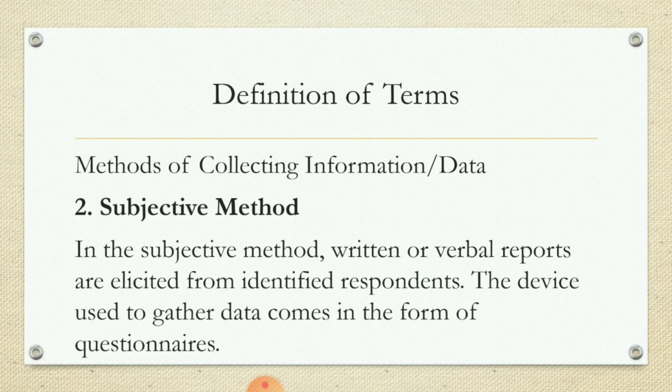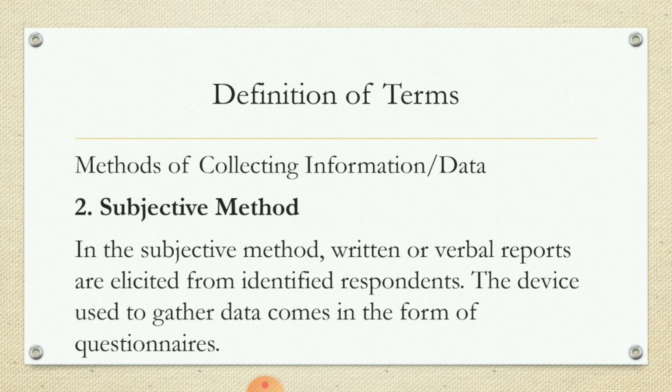Next, we have the subjective method. In the subjective method, written or verbal reports are elicited from identified respondents. The device used to gather data comes in the form of questionnaires. The subjective method can either be written or verbal. If you wish it to be written, then you'll be needing questionnaires.